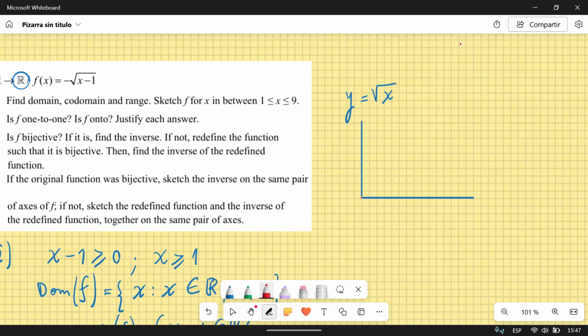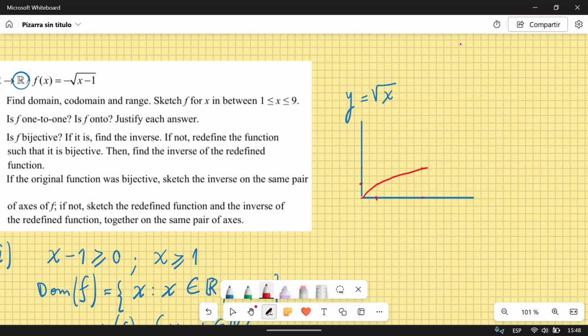When x is 1, y is 1. And when x is 4, y is 2. So this is the root of x. Now from this, I have root of x minus 1.